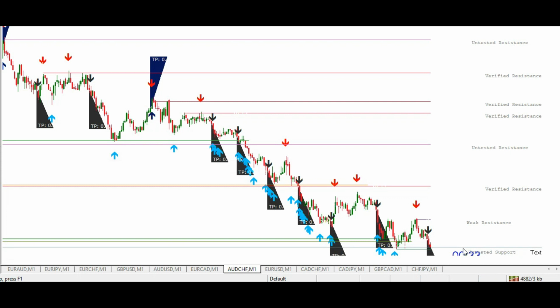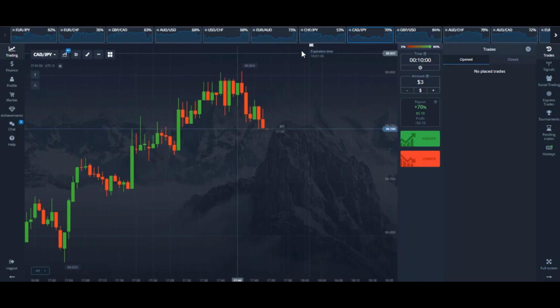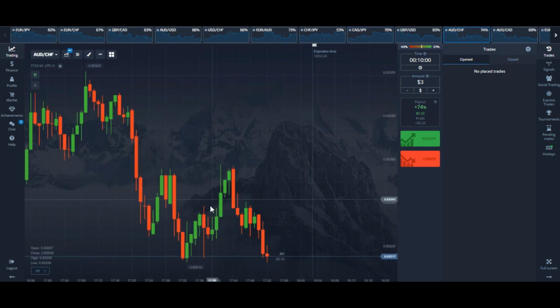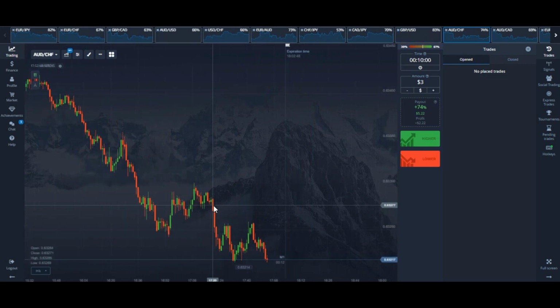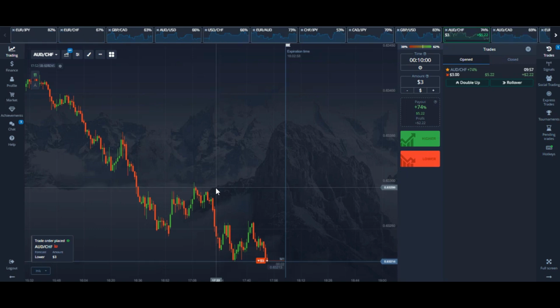Here is the verified support. It should be a downtrend. So I took the trade here for 10 minutes.